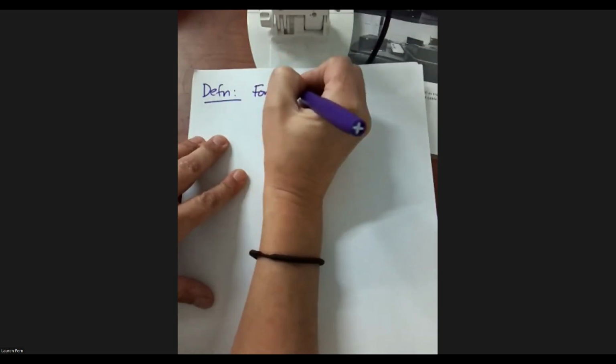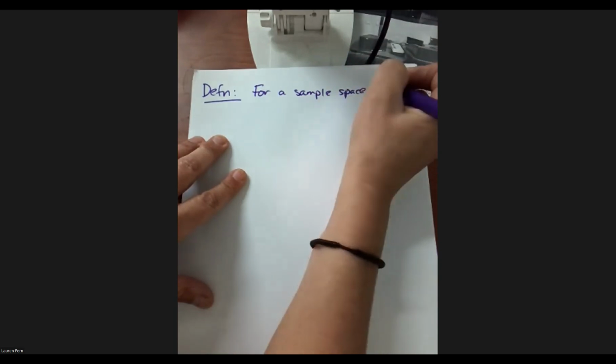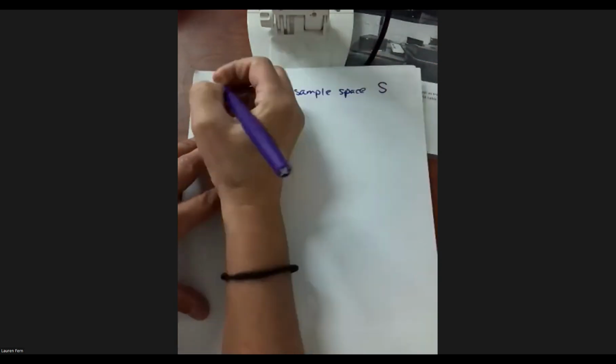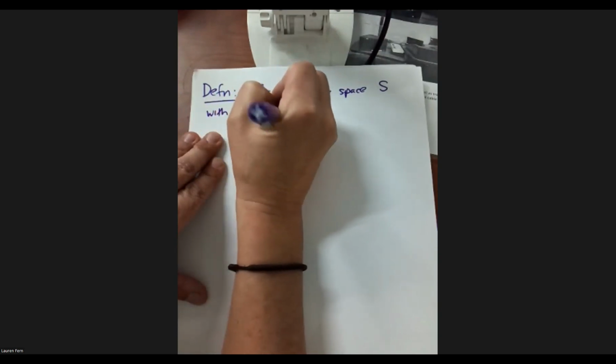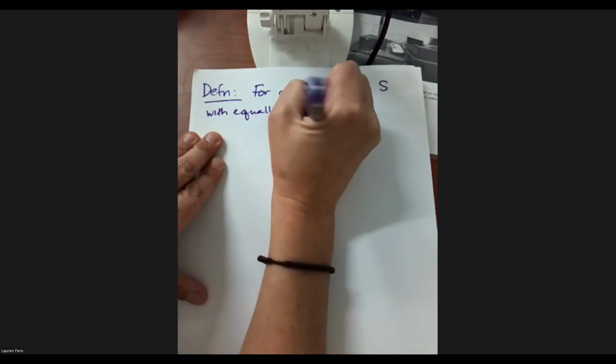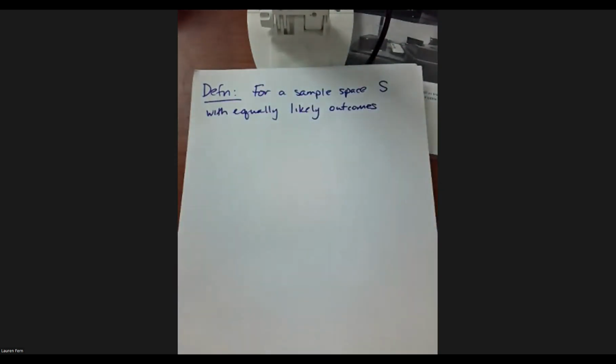For a sample space S with equally likely outcomes, that, my friends, is the key. Okay, we're assuming that every die is fair, every coin is fair. It's not really the case.